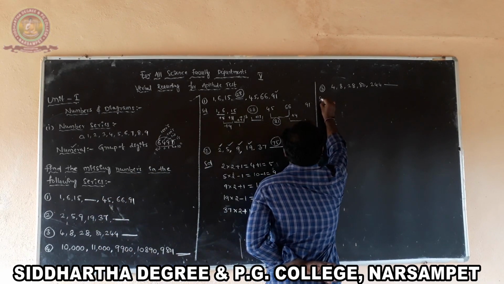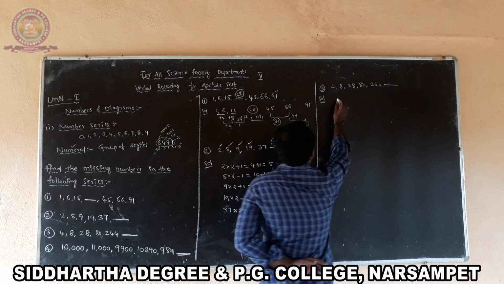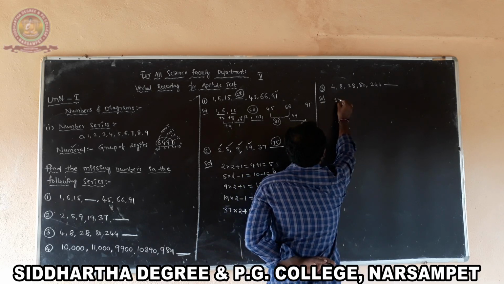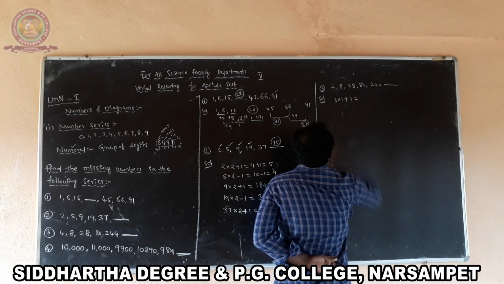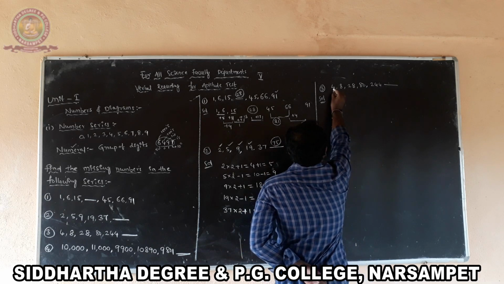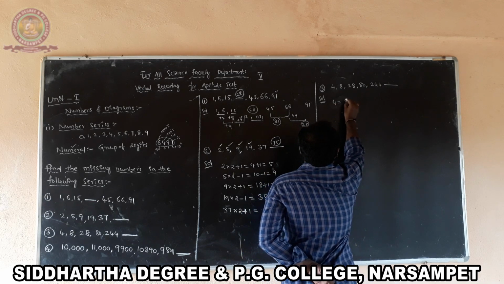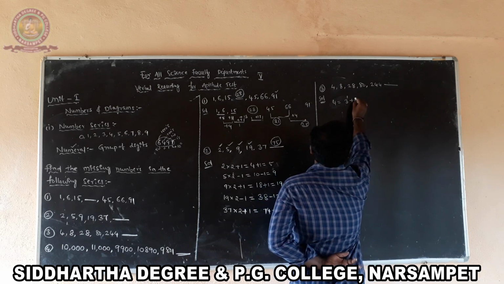So the solution is, we can get the first value is 4, right? So 3 into 1 plus 1, that is 4. 4 can be 3 power 1 plus 1.